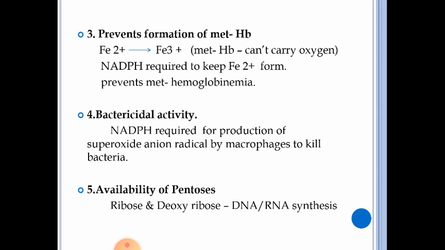So it forms methemoglobin. If the iron is not in the reduced state, that is, it is in the Fe3+ state, it is methemoglobin. So there is formation of methemoglobin, which cannot carry oxygen, and NADPH is required to keep the Fe2+ form, and thus it helps in the prevention of methemoglobinemia.